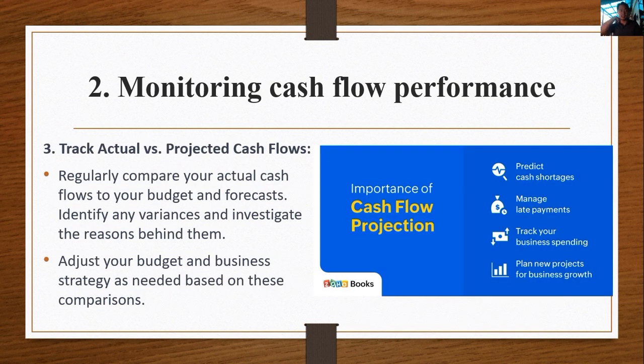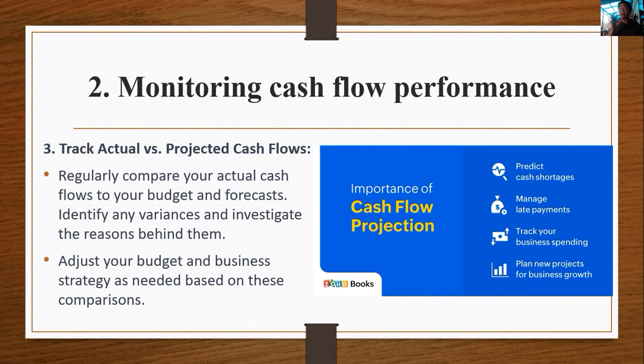Okay, next class is track your actual or your projected cash flow. So regularly, class, you need to compare your actual cash flows to your budget and forecast. So you need to identify any variance if there are any changes. And as you compare it, you investigate the reason behind these changes.